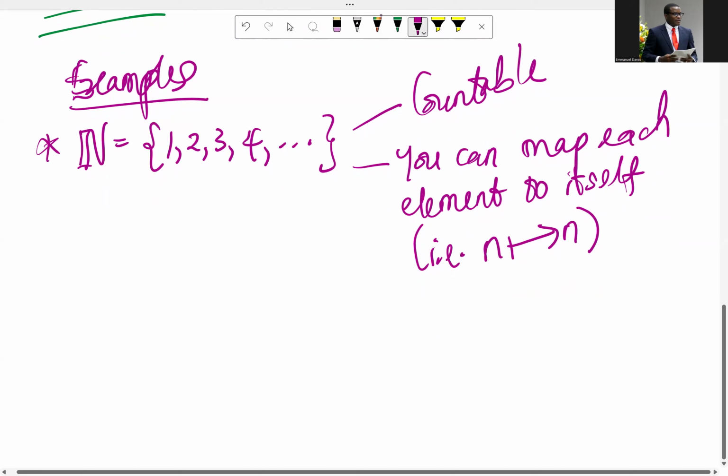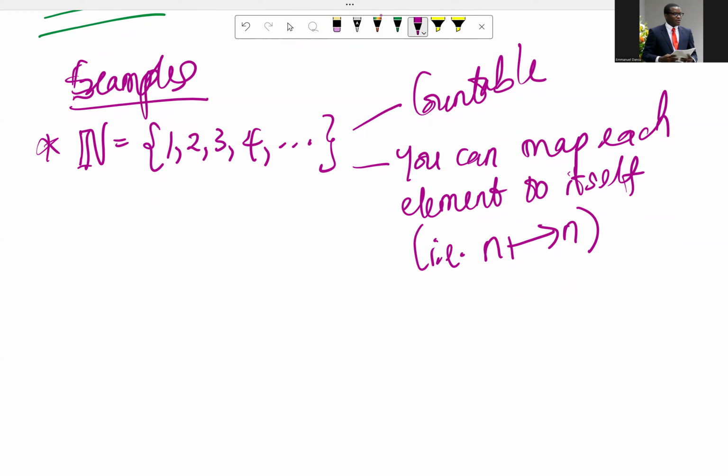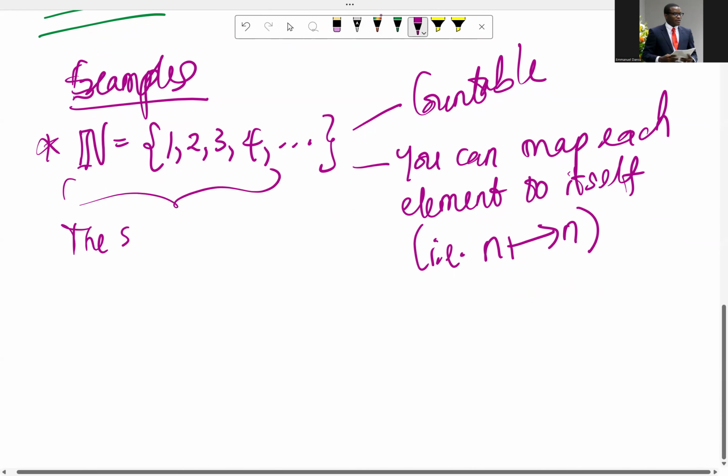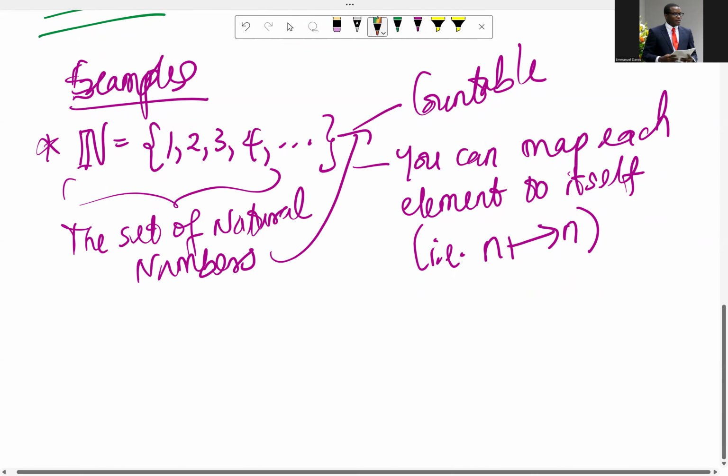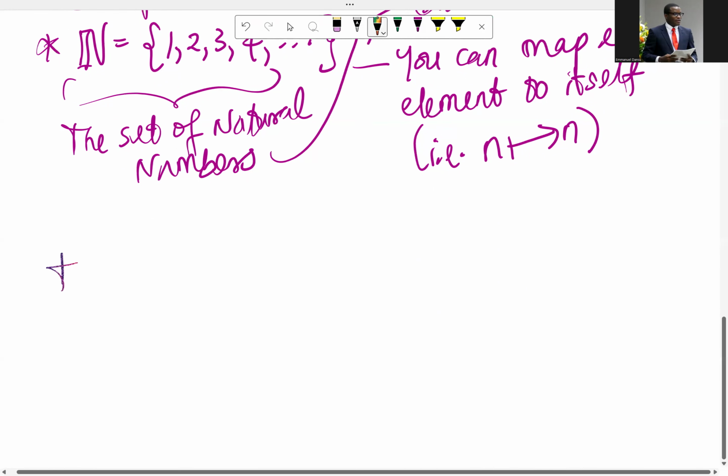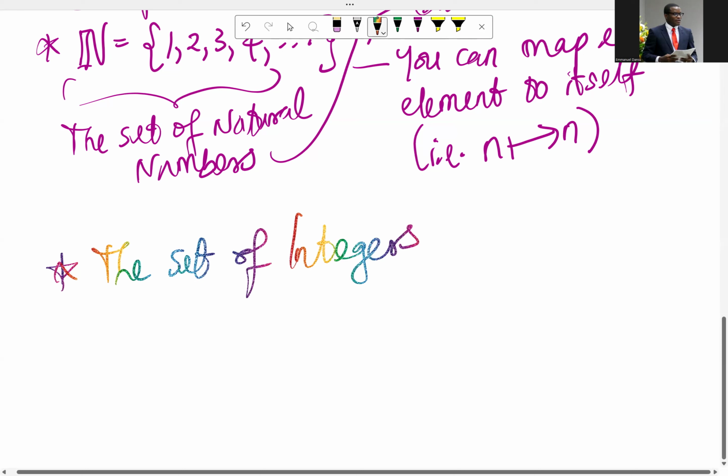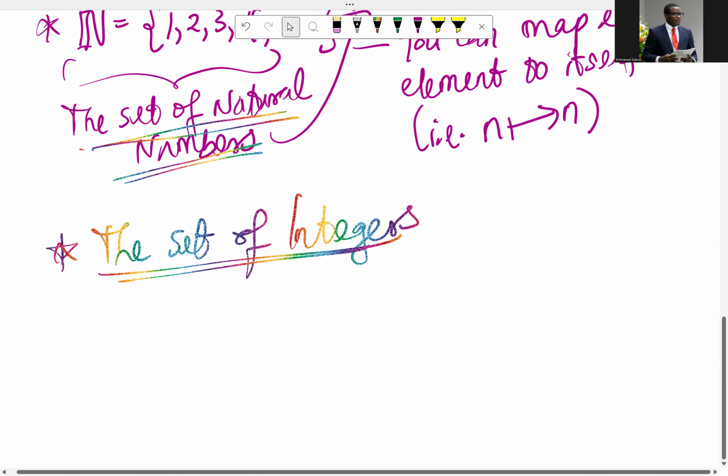Now let's go for the set of integers. We said the set of natural numbers is countable. The set of integers has this fanciful symbol, which is Z with a line in between.